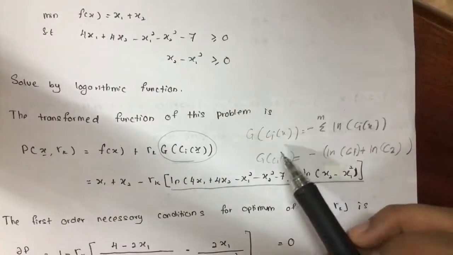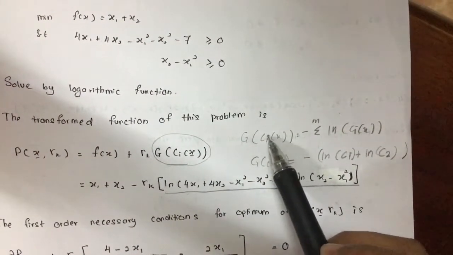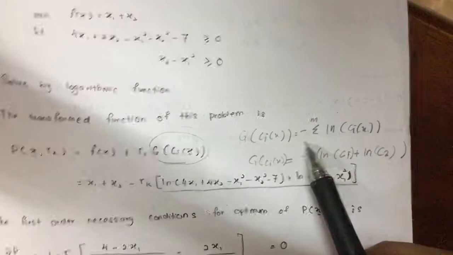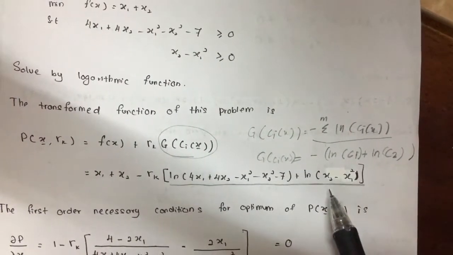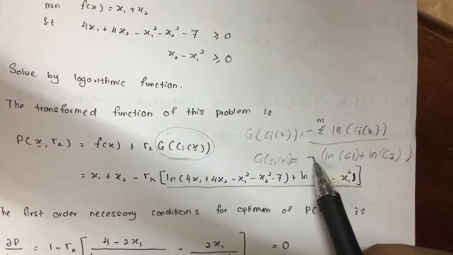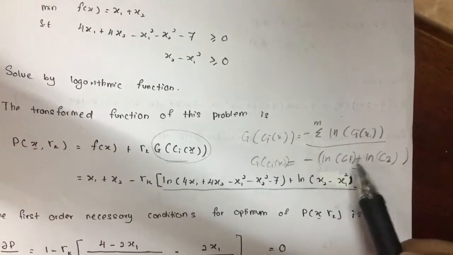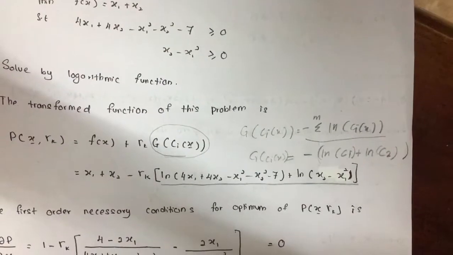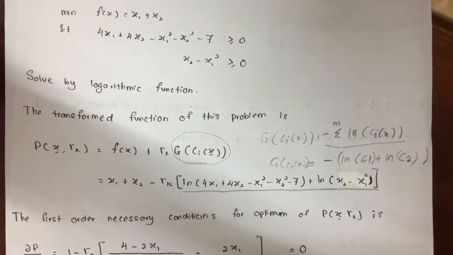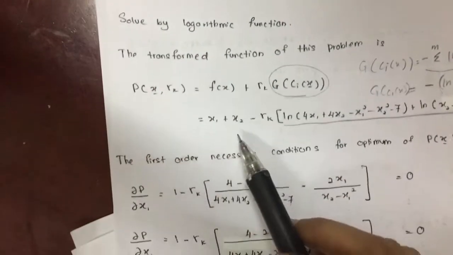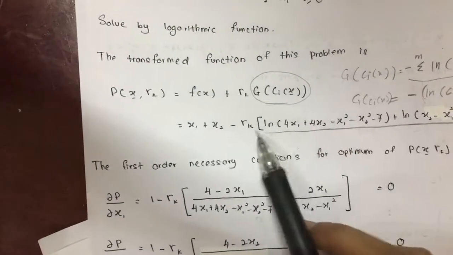So we choose G constraint Ci like this, and there are two constraints, right? So the summation of the two constraints is equal to negative ln C1 plus ln C2, and close the bracket. Therefore we get the transform function of this problem like this.